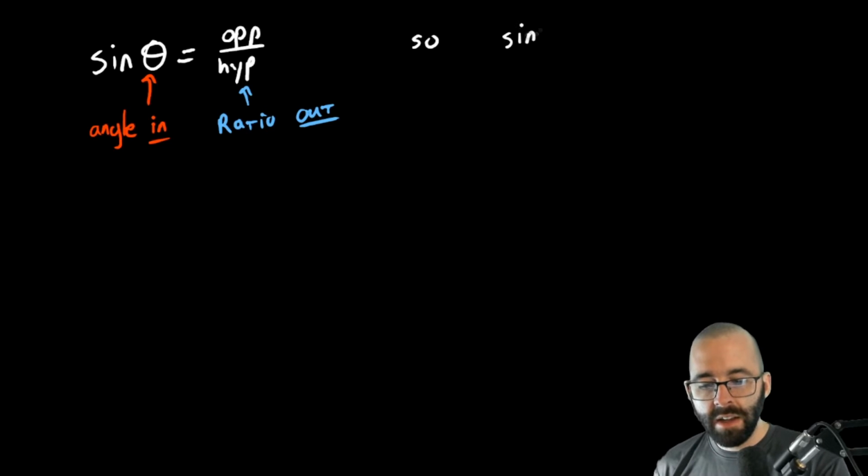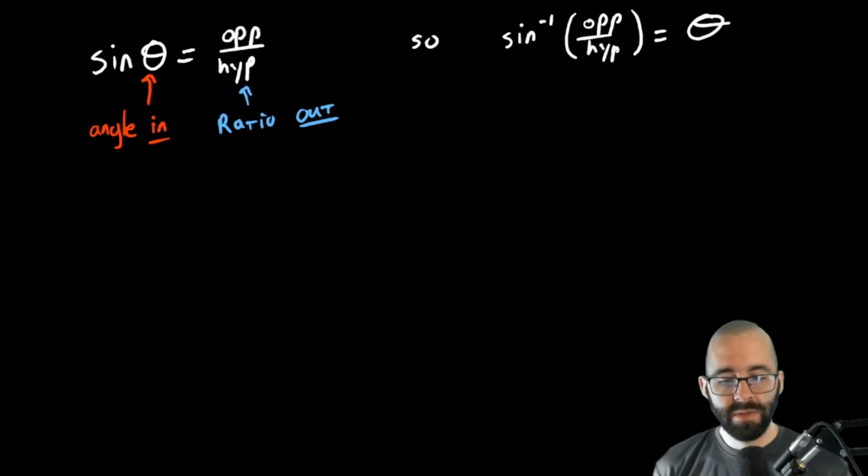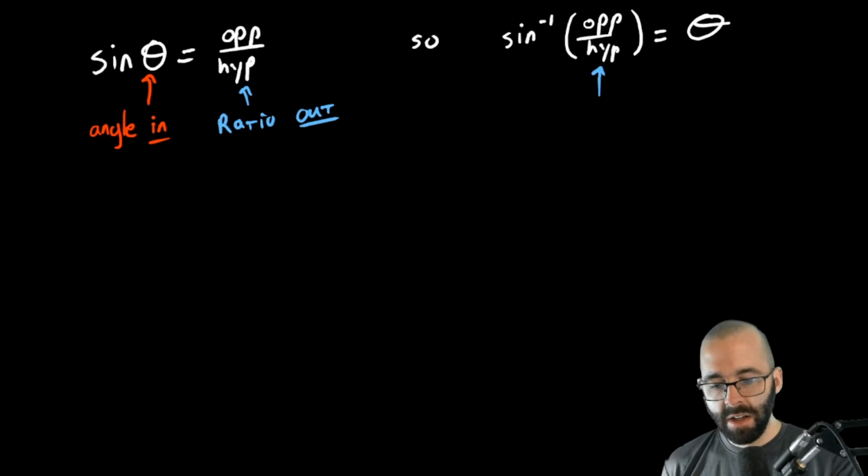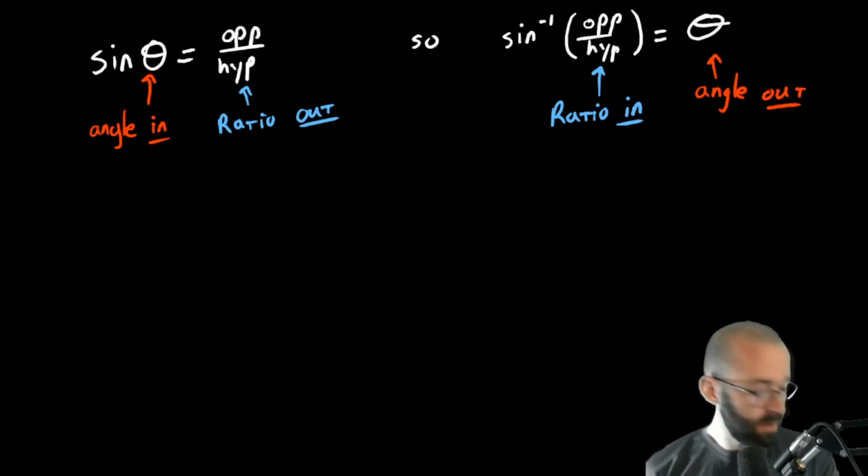So if we switch all of our x's and y's here, we have an inverse function. We're going to call that inverse sine. If I take the inverse sine of the opposite over the hypotenuse, then that spits out an angle. So here we have a ratio as our input, and we get an angle as our output.